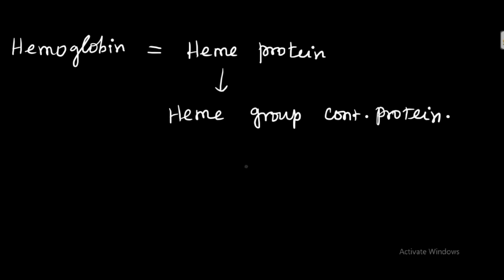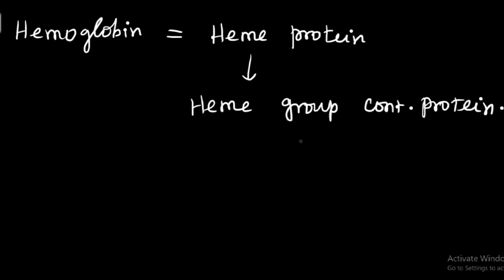What are proteins? Proteins are made up of various amino acids, and all these amino acids combine together through peptide bonds. Therefore they can give proteins. But we have one doubt. Whether these proteins may contain some non-protein parts, that means a heme group. Yes, it is possible.